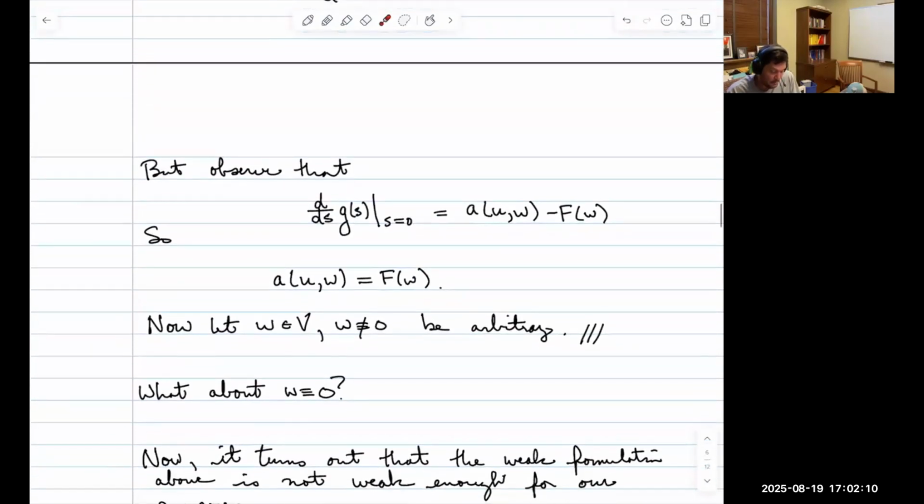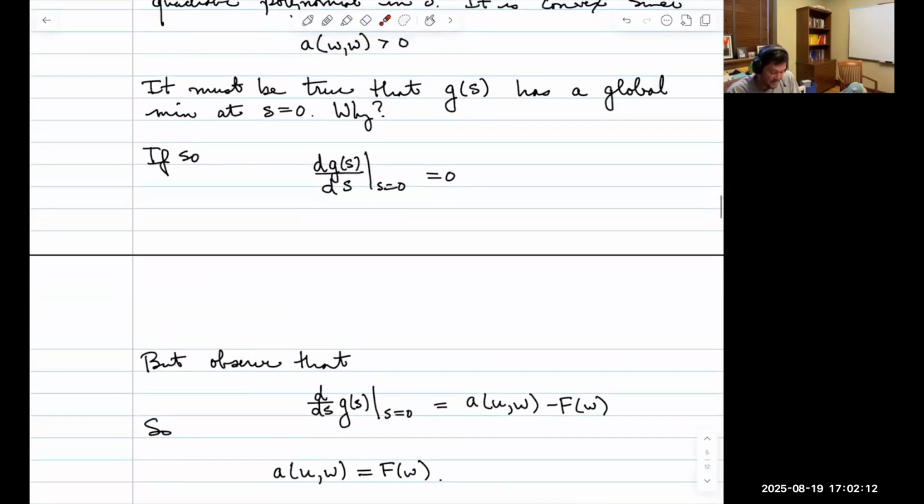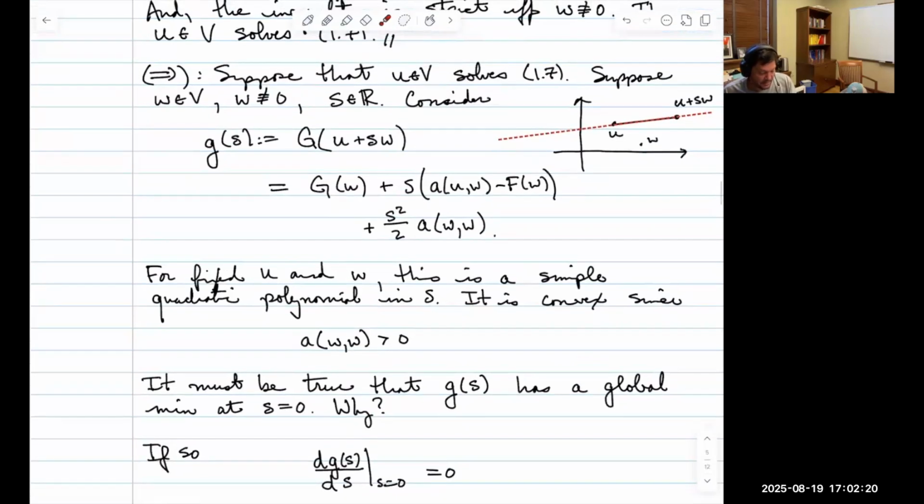Okay, but it's easy to take the derivative of this function, G. It's a simple quadratic. So take the derivative, set S equal to 0, and what happens is, well, this term goes away when I take the derivative. It is simply a constant. And this term is going to go away too, because I'm going to get S over 2, but I'm going to set S equal to 0.